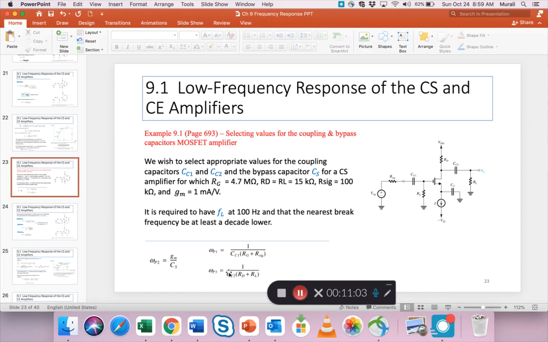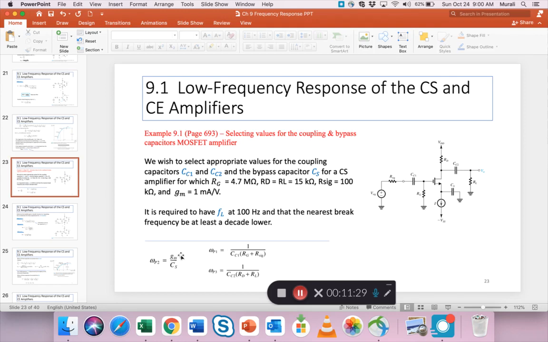The omega P3, which is this, relies on the load resistance and the drain resistance. Lastly, this CS, the bypass across the bias current source, relies on the internal resistance of the device, which is represented by gm.